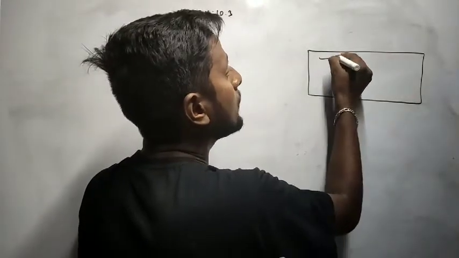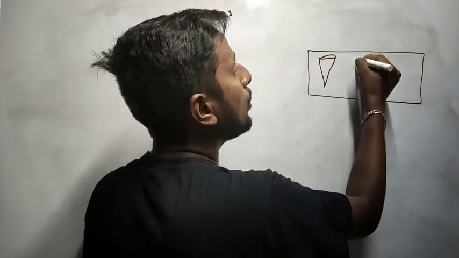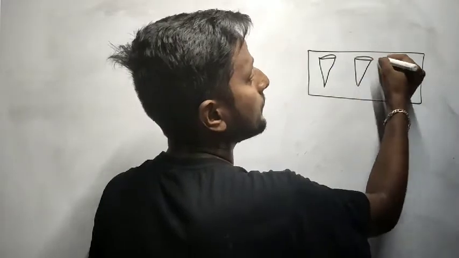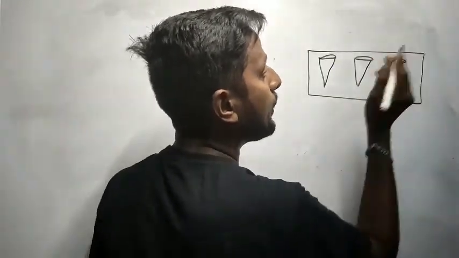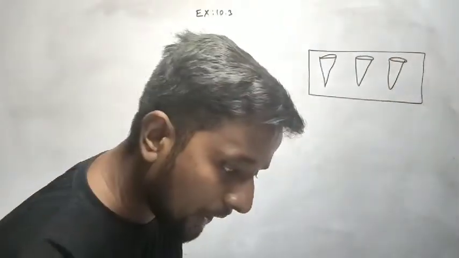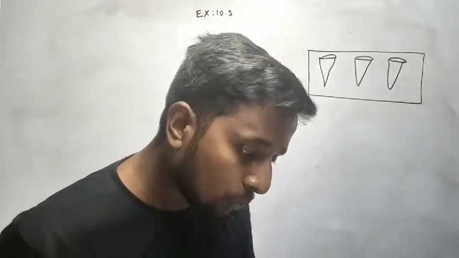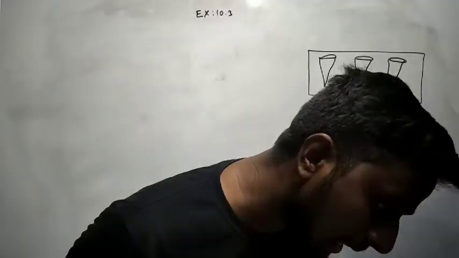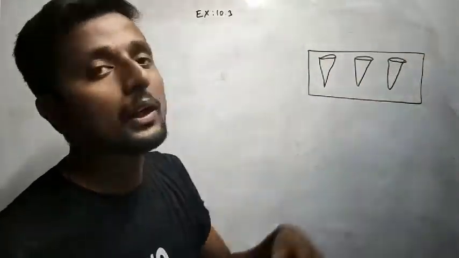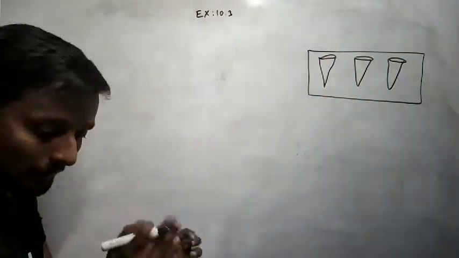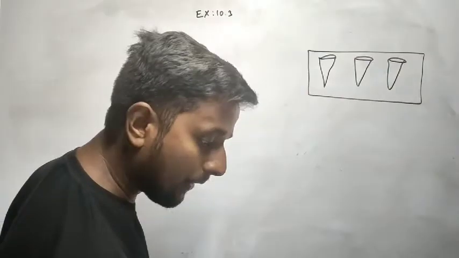In the box they made only 3 conical holes. Now what should we find? We have to find the volume of the wood in the entire stand. After making conical holes, what is the remaining? We have to find the left wood.